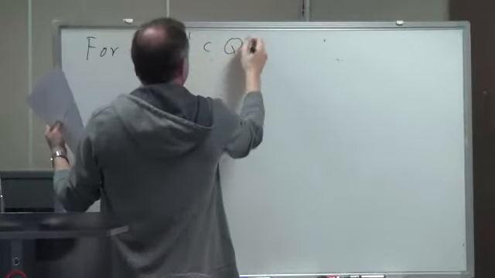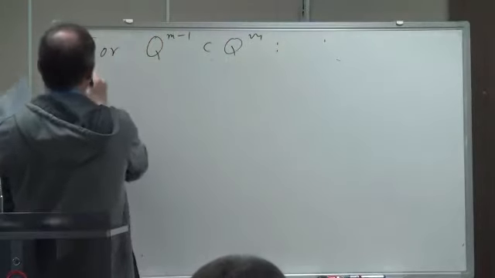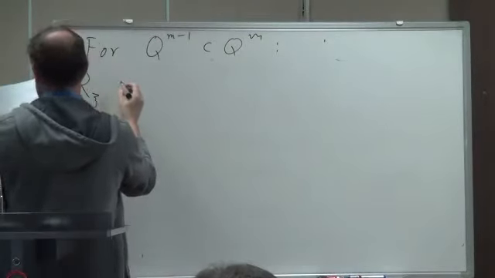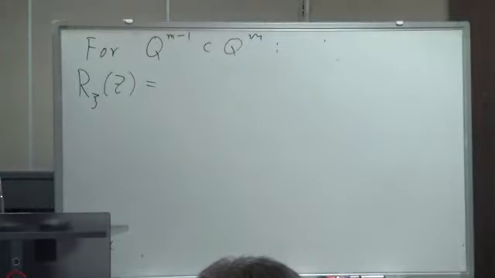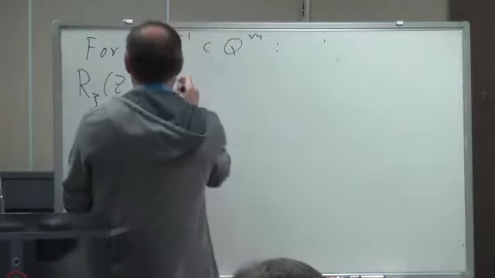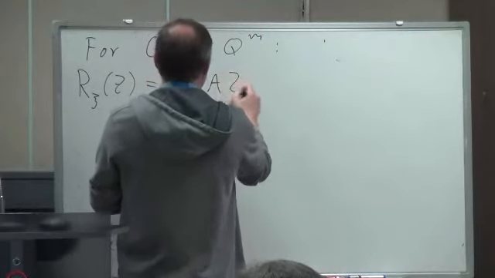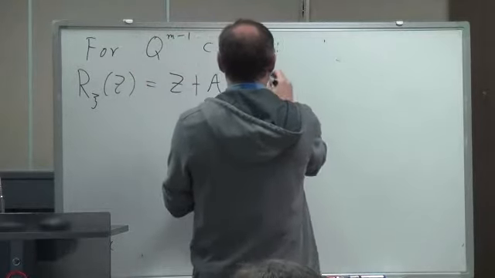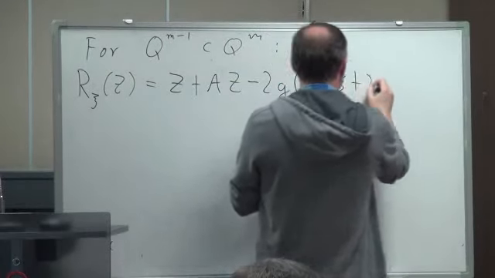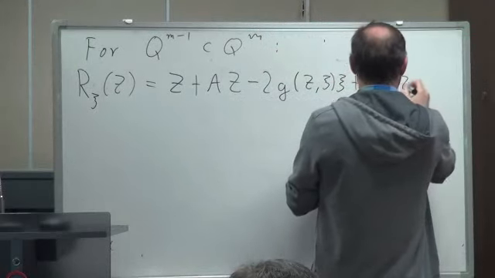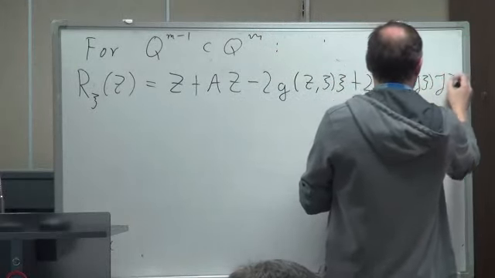So now when we have Q^{m-1} in Q^m and apply all this, our Jacobi operator R_xi of Z, where we insert the normal vector xi at the point O, is Z plus AZ minus 2 g(Z, xi) xi plus 2 g(JZ, J xi) J xi.